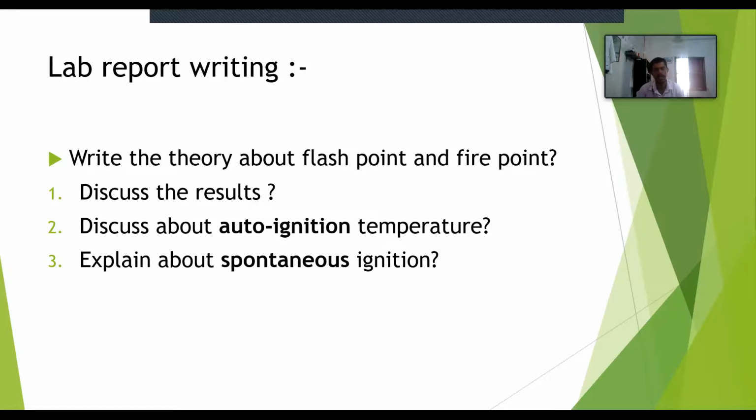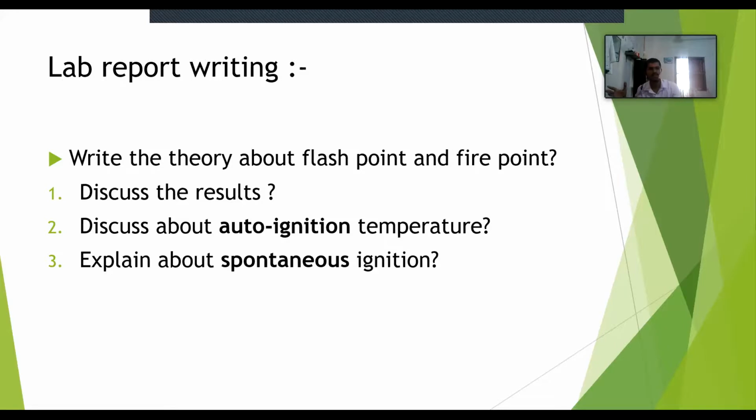When you are searching and writing, what is auto ignition temperature, you can give some examples. Like for diesel, we get a flash point of 79 degrees Celsius, and the fire point is around 100 or something, so you can get the approximate range. Then the auto ignition temperature of diesel is more than 200 degrees Celsius. Then you can identify flash point, fire point, and auto ignition temperature.